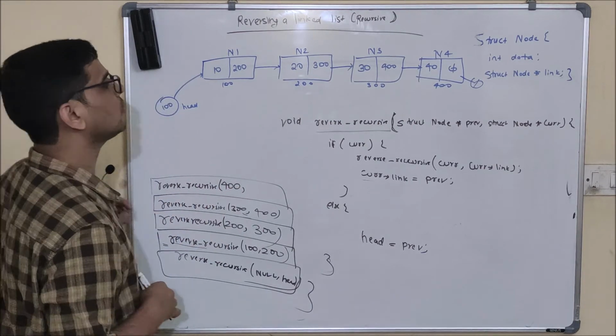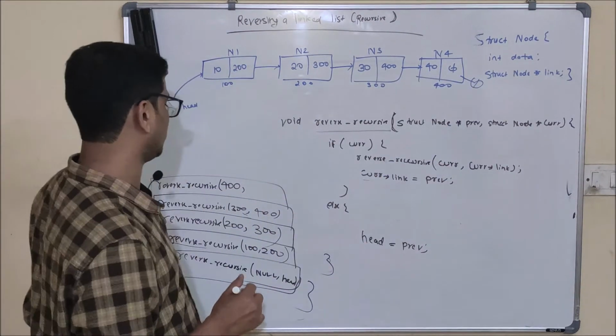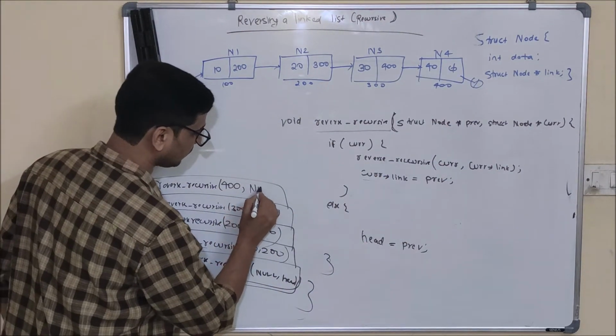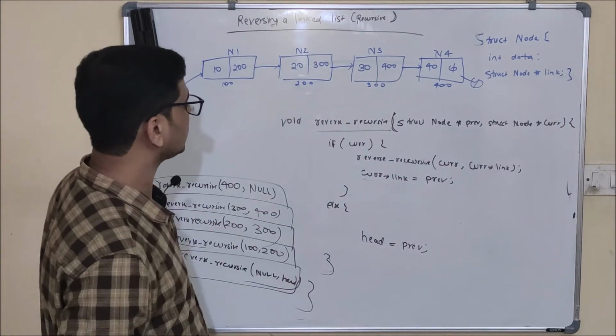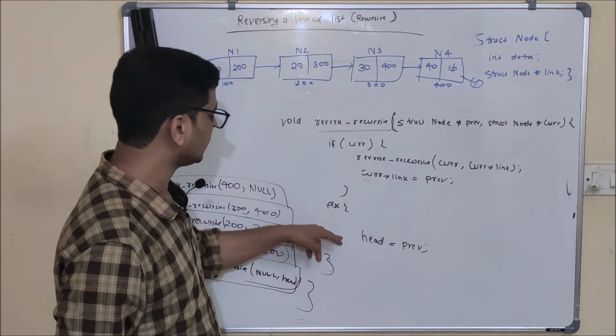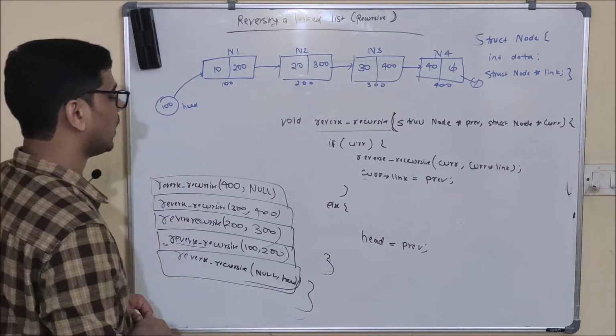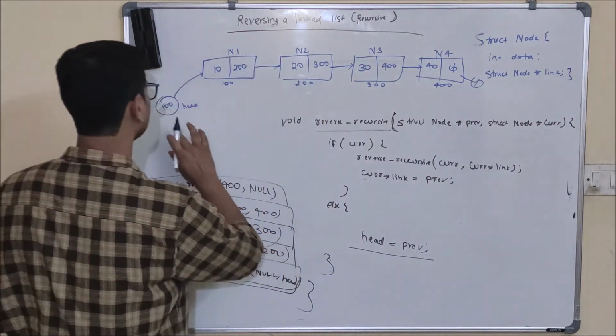What is current dot link? The link part of the node starting from memory address 400, that is null. So when this function call comes for its execution, this statement will be false and it will come to the else part. And in the else part, what is there? Head is equal to previous.